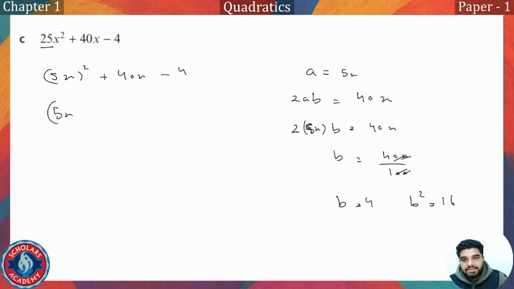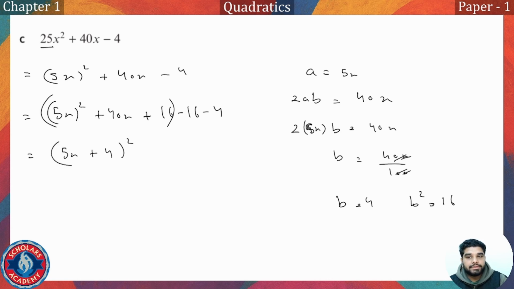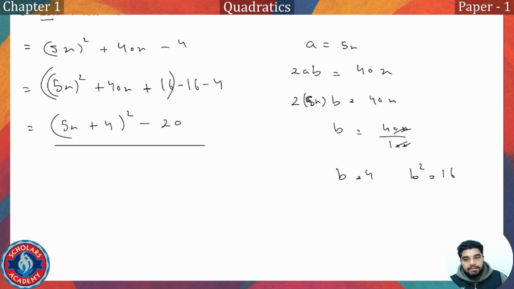So 5x square plus 40x plus 16 minus 16 minus 4. We'll choose these two, and over here we get (5x plus 4) whole square. Here 5 2s are 10 and times 4 is 40x. So now over here we get 16 and 4, negative of 20. I hope it is clear.